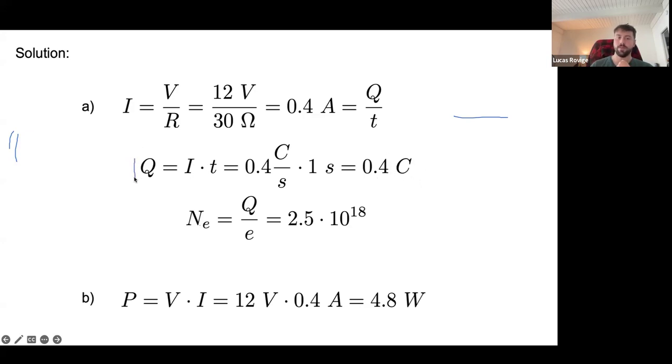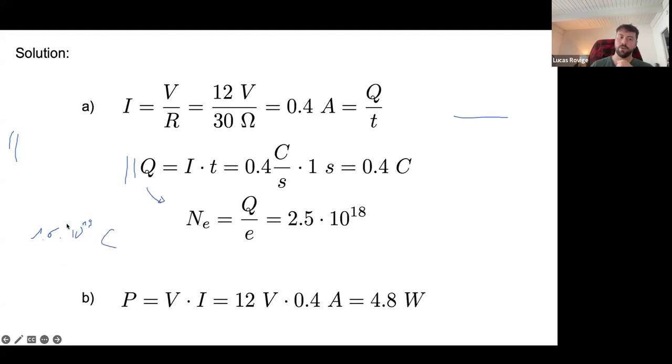So this is now the electrical charge that passes through the system each second. And to go from charge to number of electrons, we just divide by the charge of one electron. So 0.4 coulomb divided by the charge of one electron, which is 1.6 times 10 to the minus 19 coulomb.